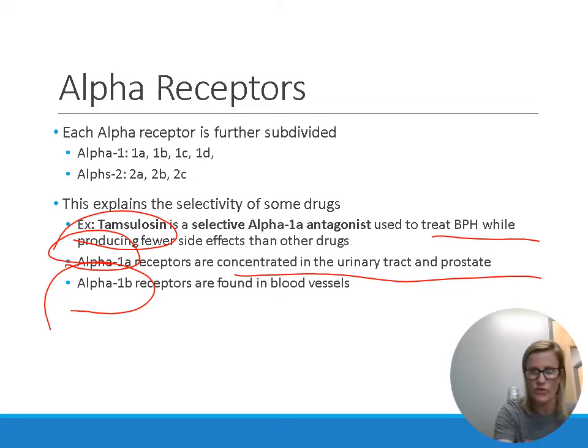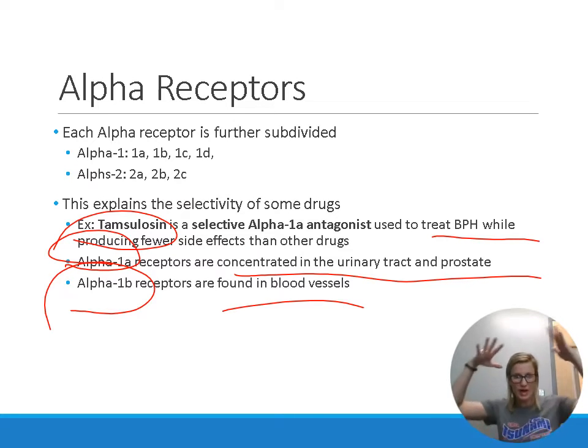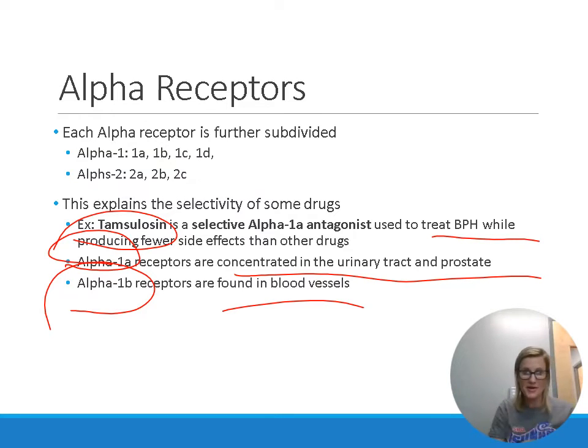Alpha-1B receptors, though, are found in blood vessels. So if we were to block alpha-1B receptors, we would prevent any vasoconstriction in our vessels. Our vessels would actually dilate, and we would have a big decrease in blood pressure. So if we had a non-selective alpha-1 antagonist and we were trying to treat BPH, our patients would have an adverse drug effect of decreased blood pressure, or possibly fainting, for example, orthostatic hypotension.